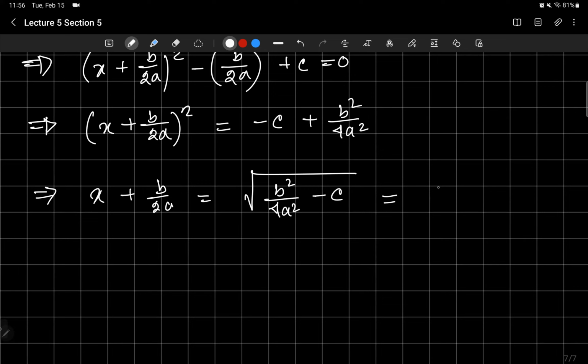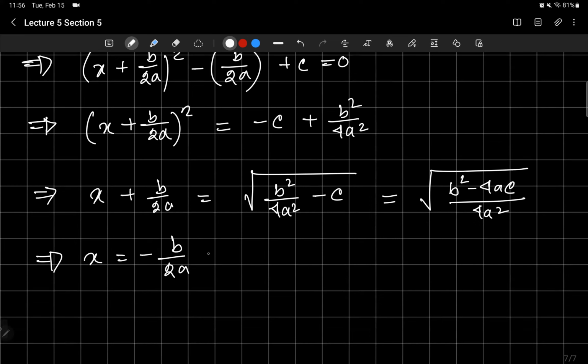This can be simplified a bit: b square minus 4ac divided by 4a squared. So this really means x is equals to minus b by 2a. Oh, there should be a plus minus sign over here. Sorry. Because you are taking a square root. So by default, you get a plus minus sign. Square root of b square minus 4ac divided by 4a squared.